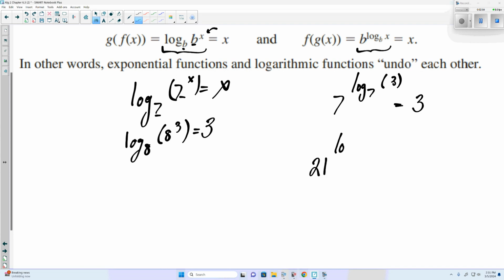So what's the thing called when it's in the parentheses? What's the name for it? That's what we're taking log of. So 7 to the log base 7 of 3. Now we could say 21 to the log base 21 of 4, and this would be 4.